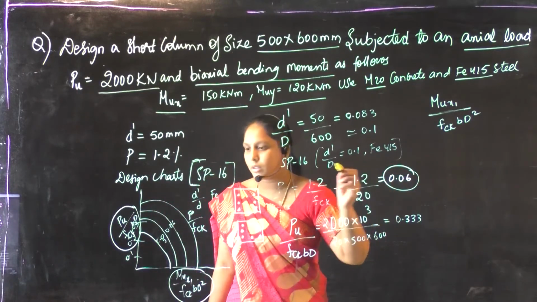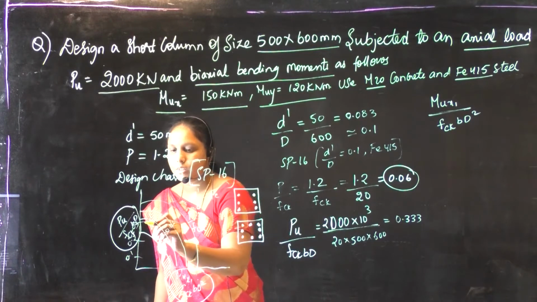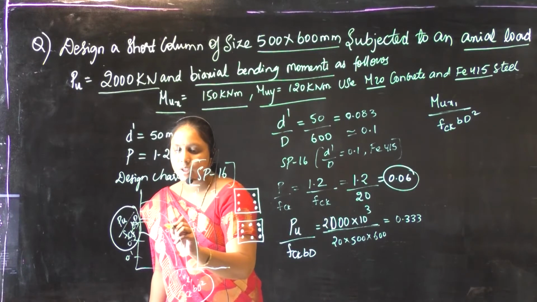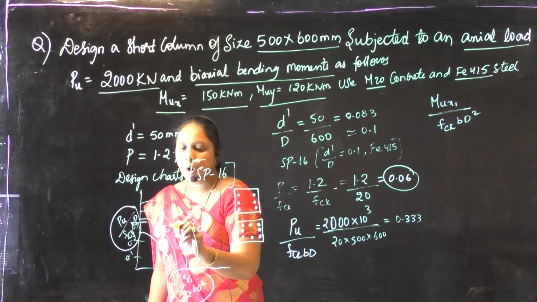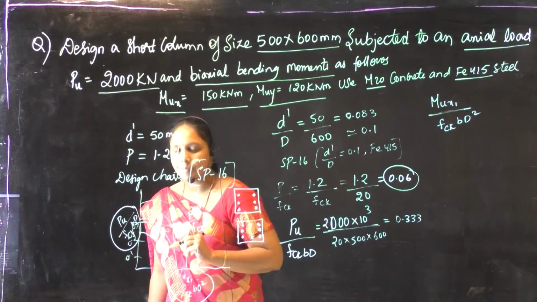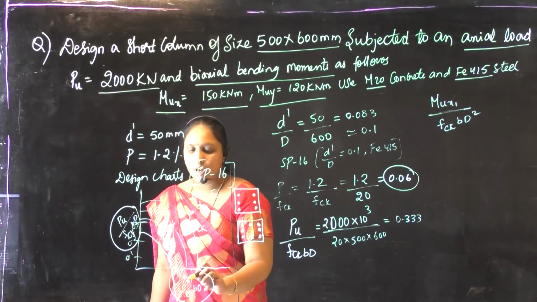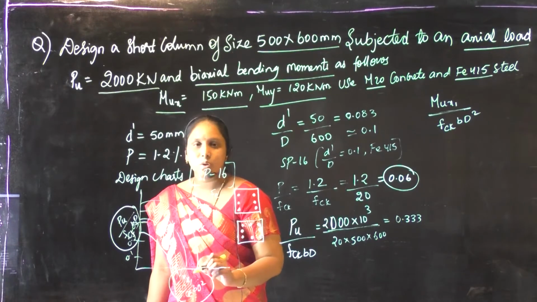It is 0.06. So the 0.06 curve, if somewhere over here it is, then what we have to do, we have to extend this particular line onto this curve, and from this point it has to be extended downward. So here you will get the MUX1 by FCK BD square value.